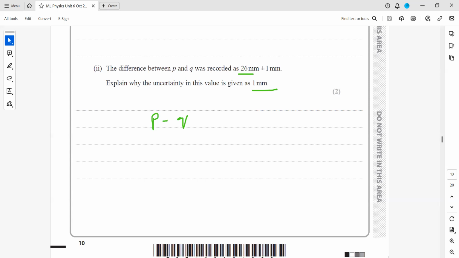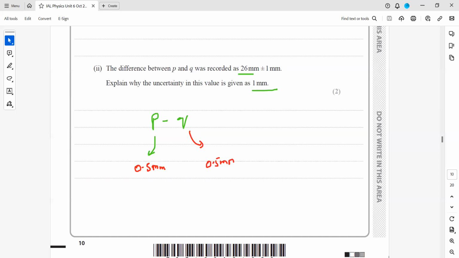P is measured by using a meter rule. The uncertainty in each value when we are using a meter rule, for example, is 0.5 millimeter for P and also 0.5 millimeter for Q, because we are measuring P and we are measuring Q.